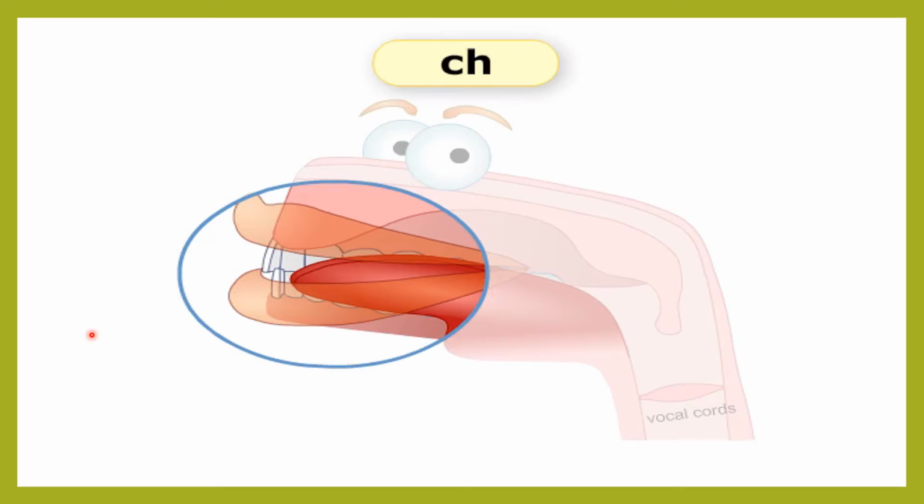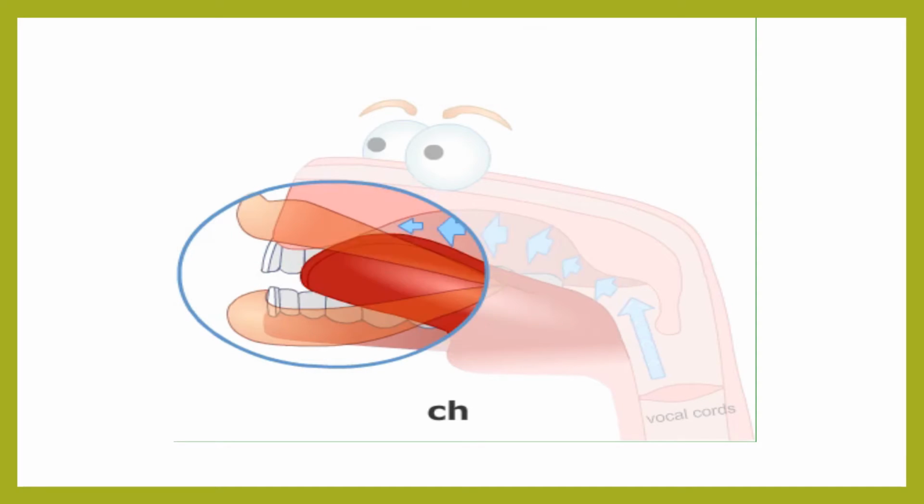Here's Juna, and Juna is going to show you the difference of sh and ch. You're going to see that it cuts off here in her mouth. Ch, ch, ch. And you have this sound. You don't have sh, and you don't have h, but you do have this one, ch.